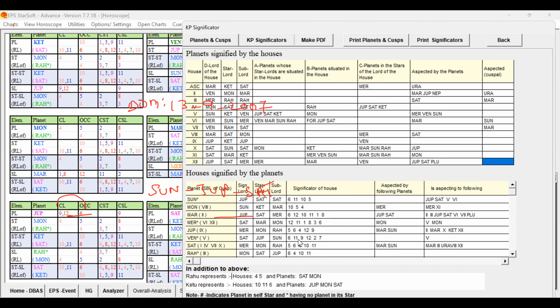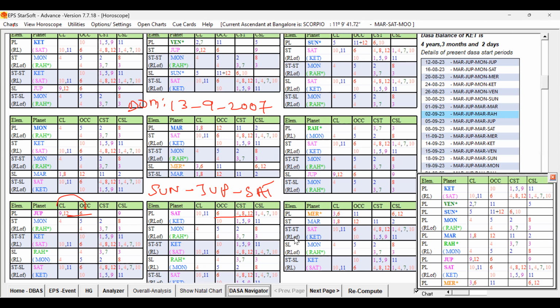The 2, 7, 11 significator is Venus, and no other planet is talking about 2, 7, or 11, but 11 is indicated by Sun, Mars, Mercury, Venus, and Rahu at the last. What about Ketu? Ketu also has 5, 10, and 4 only. So as per fourfold significators, Venus is comparatively better, right?